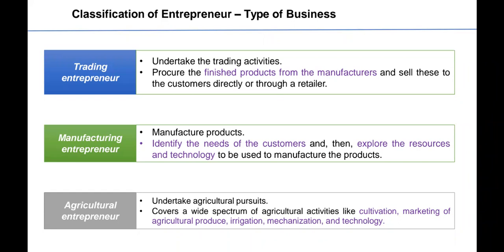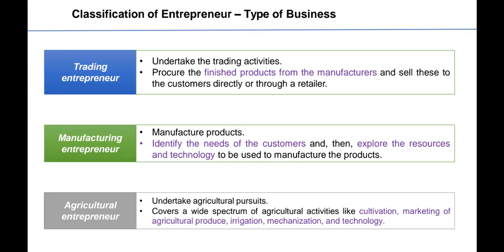What does the customer want? Then what resources do they require, and what technology is to be used to manufacture that product? Those are the jobs of a manufacturing entrepreneur.